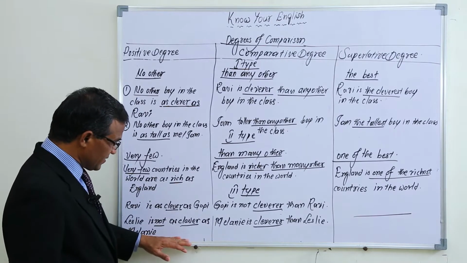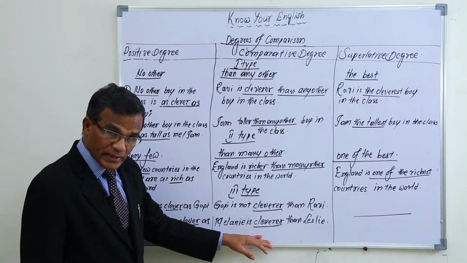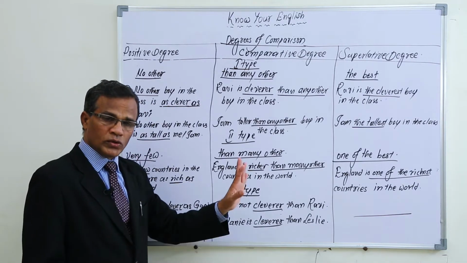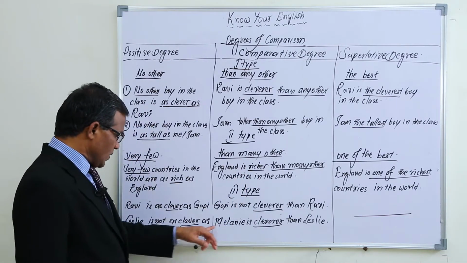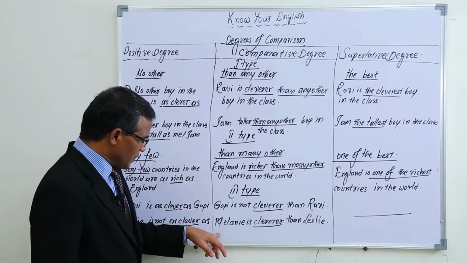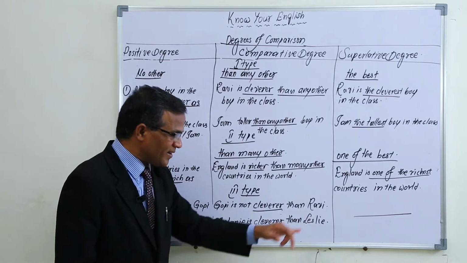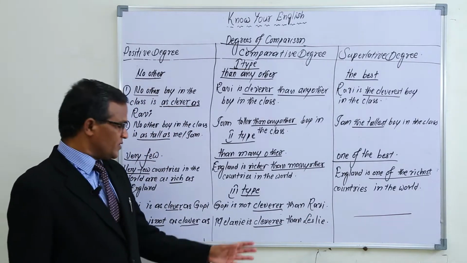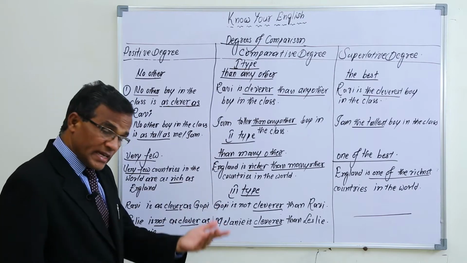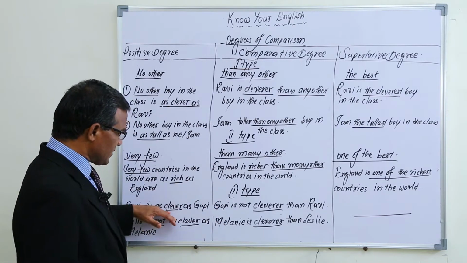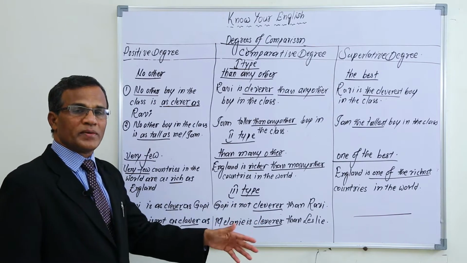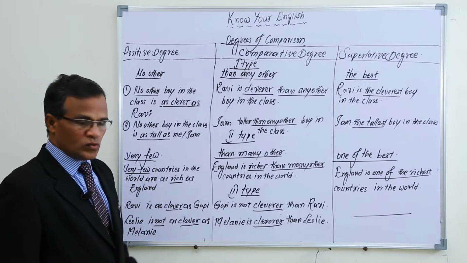When a negative sentence is there, in comparative degree we find a positive sentence, without not or no. So Leslie is not as clever as Melanie. Melanie is cleverer than Leslie. So without changing the meaning of the sentence, we are just transforming the sentences into other ones.